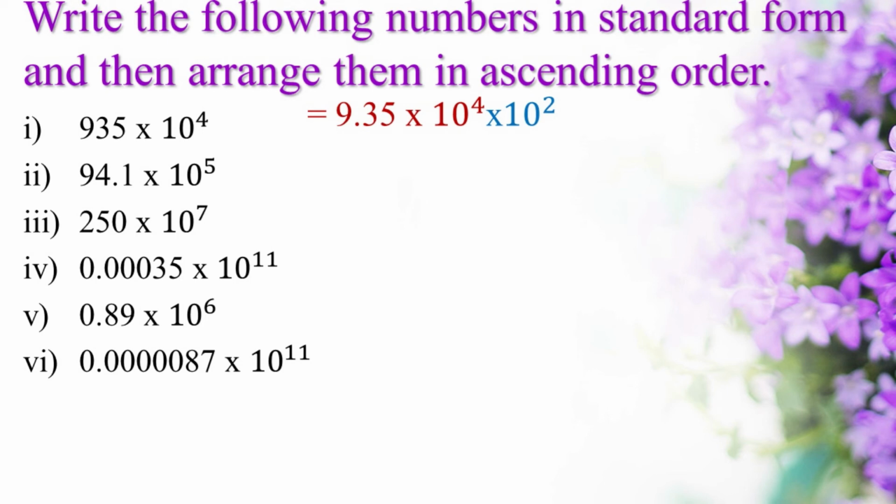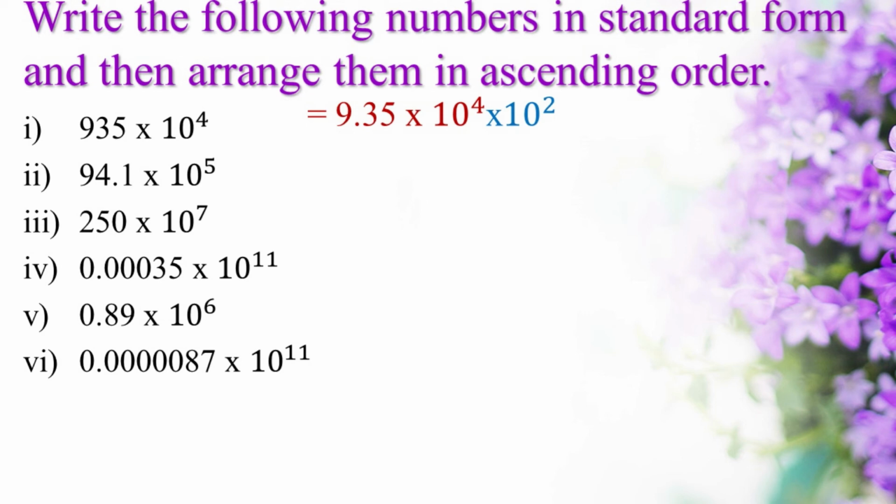According to the scientific notation, there should be one number before the decimal place. But here it is 935. Therefore, we have to move the decimal place from right side to left side, before 9.